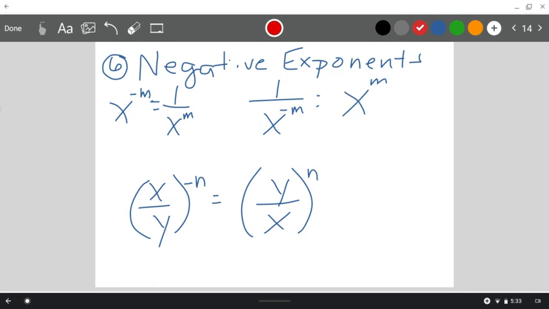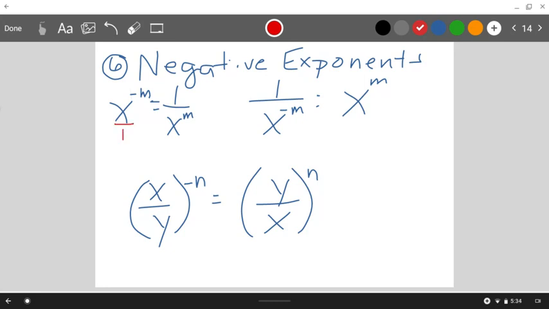Negative exponents. So sometimes we just have to deal with the negative exponents. A negative exponent will make your number flip over. And once it flips, the negative exponent turns positive. So x to the negative m, you're going to flip the x over, 1 over x to the m. There's an invisible 1 right here.